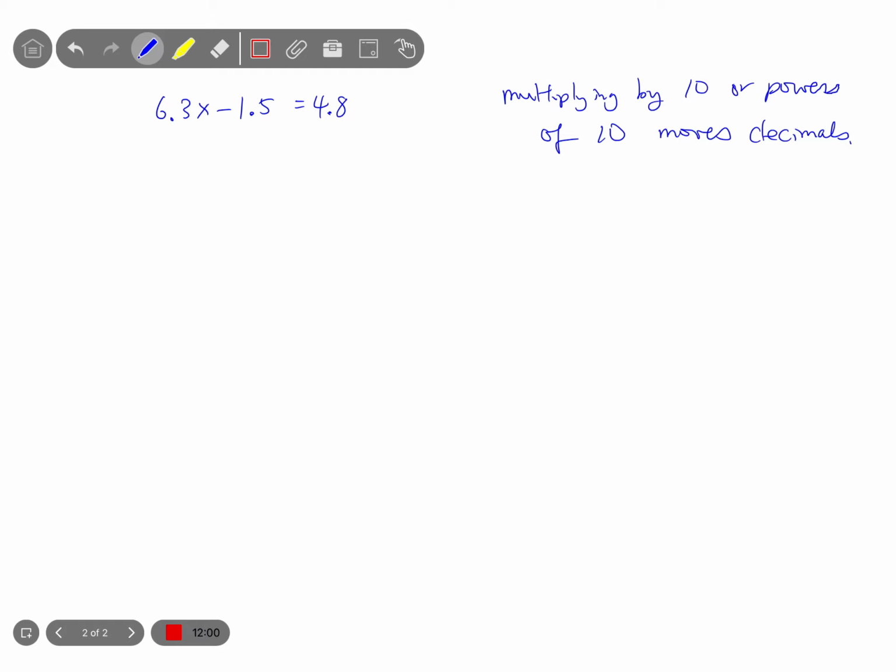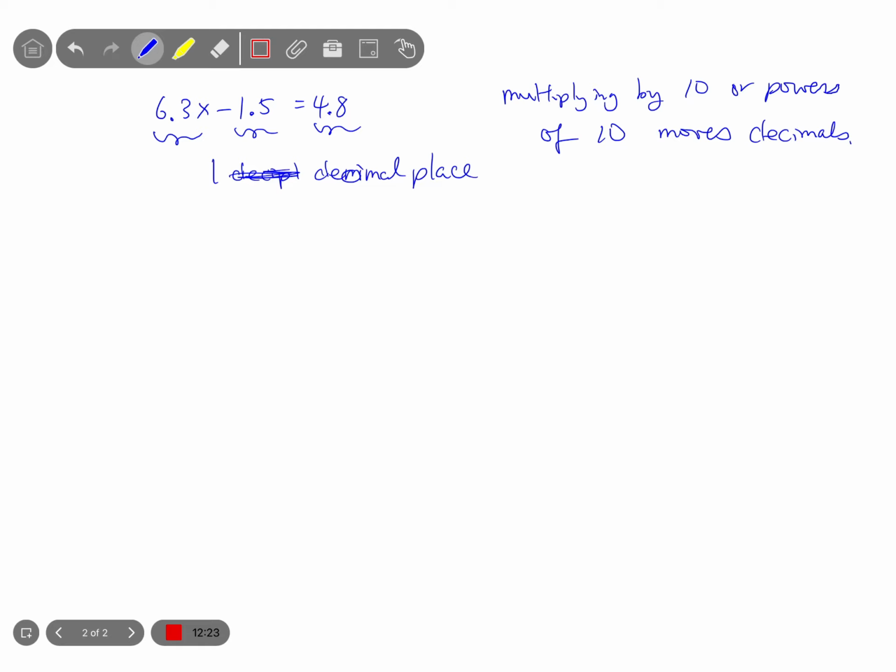Okay, so in this case, let's think about it. Notice all these terms we have are 1 decimal place. So if I want to move everything 1 decimal place, I have to multiply by 10.